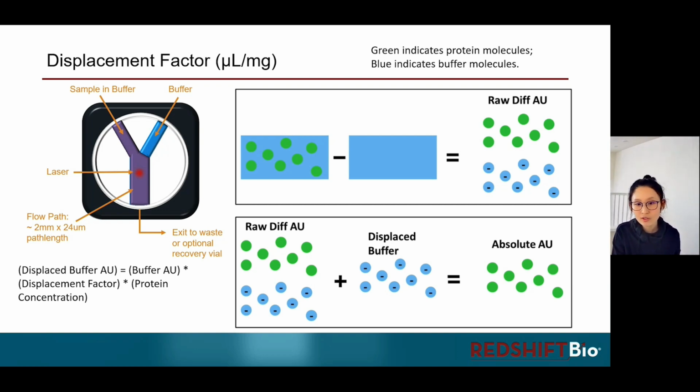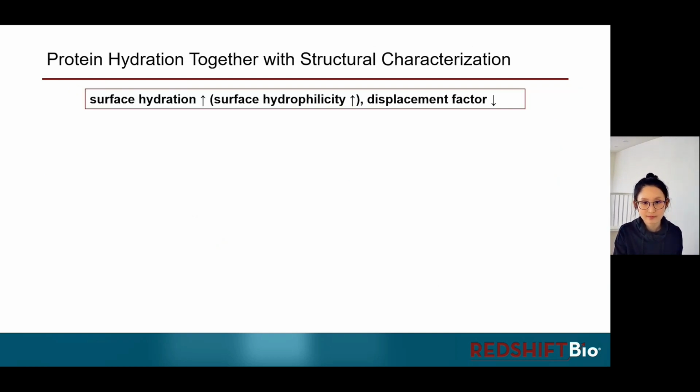So the software will start with a nominal displacement factor to find the best mathematical fit. It is not the same, but very well correlated with partial specific volume, defined as the increase in volume upon the addition of 1 microgram of dry protein to a solution.